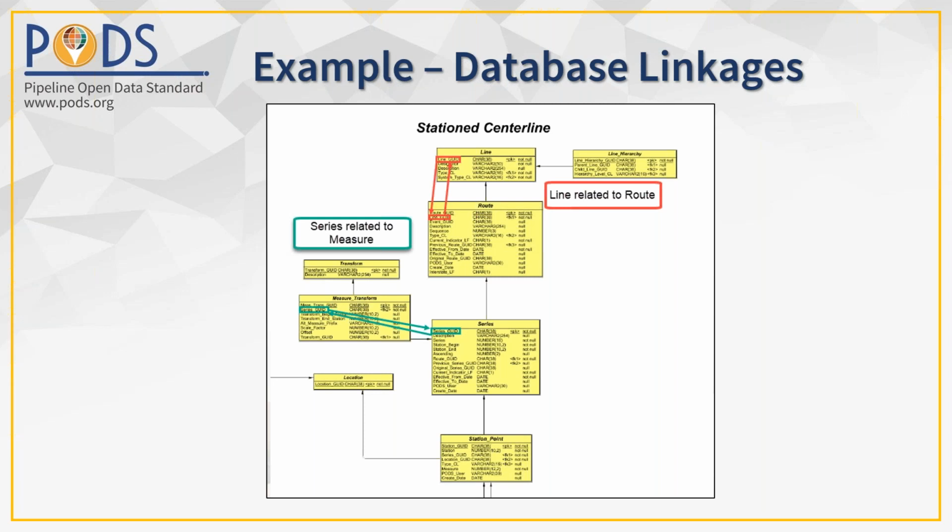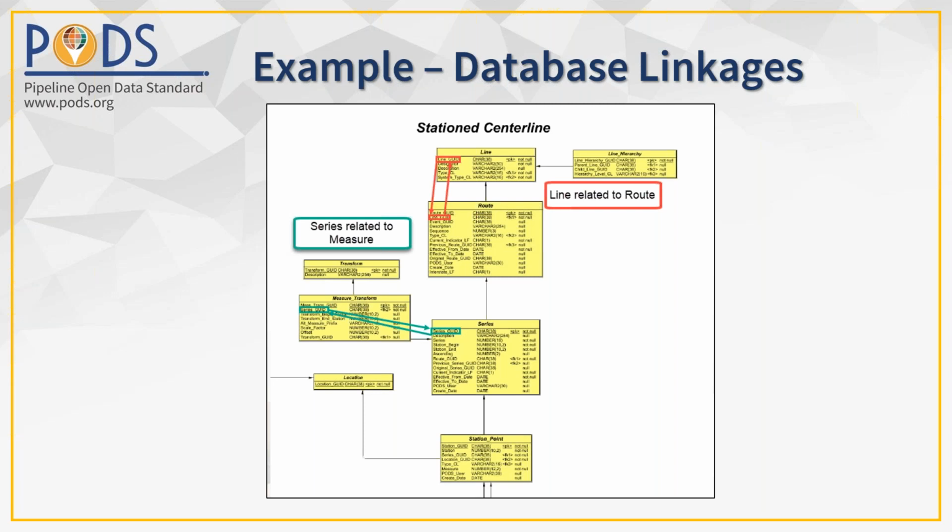The areas highlighted in green rectangles there are the GUID fields, the unique identifier fields that are relating those two tables back together. And there's one and only one match for those records. Another example is the line being related to its route. Same thing, you'll see the GUID fields there relating between the route and the line tables.